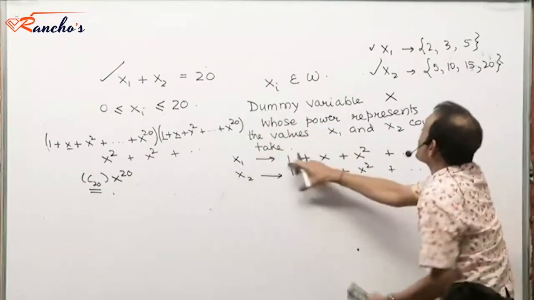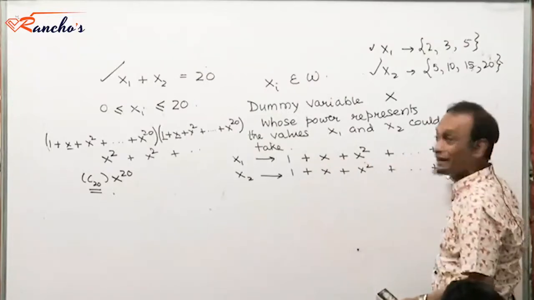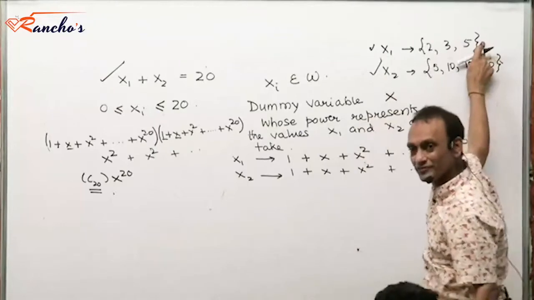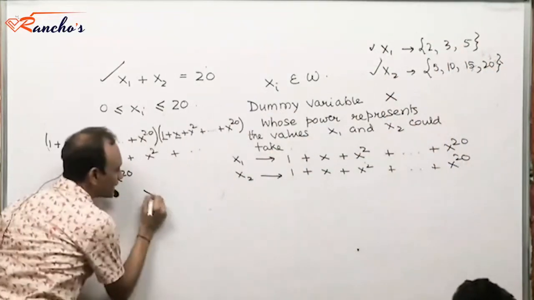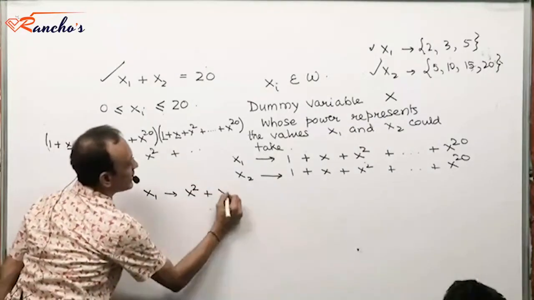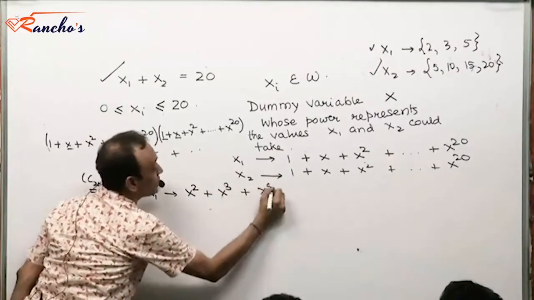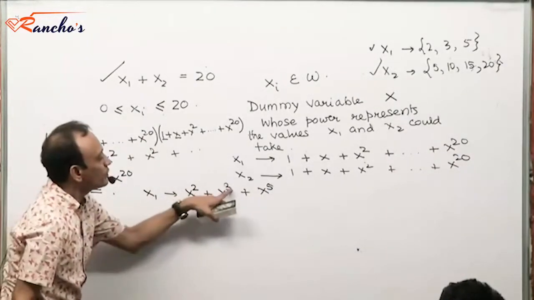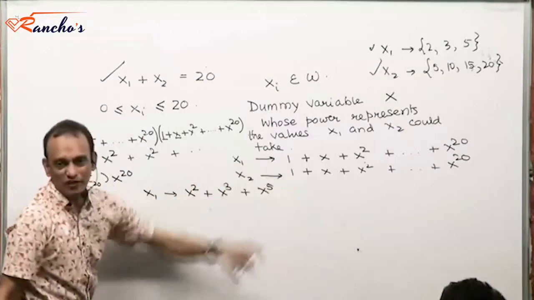So it's about just constructing your polynomial effectively. The powers of the polynomial for x1 would be 2, 3 and 5. So for x1, I'll construct a polynomial which is x squared plus x cube plus x power 5, so that in any solution, x1 cannot assume values other than 2, 3, 5.